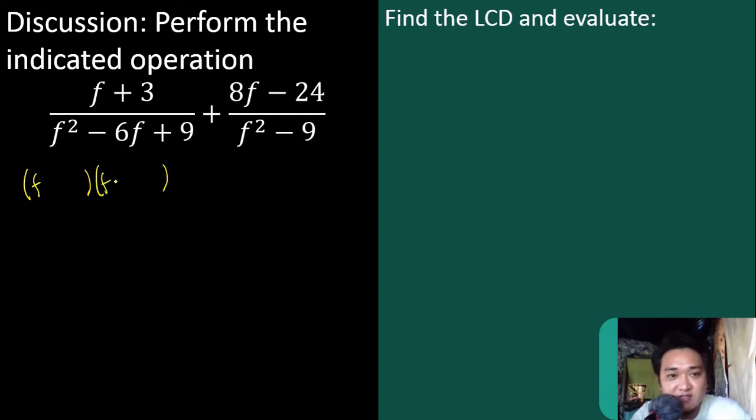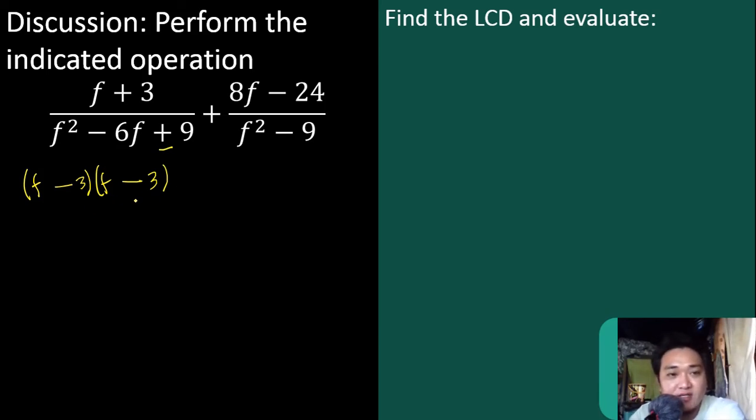F times f, and then what is the factor of 9 that will make 6? That is 3. And this is positive, so it tells us that either both of these are positive or both of these are negative. And since the middle term is negative, therefore we are pretty much sure that each of the binomials has a negative operation.